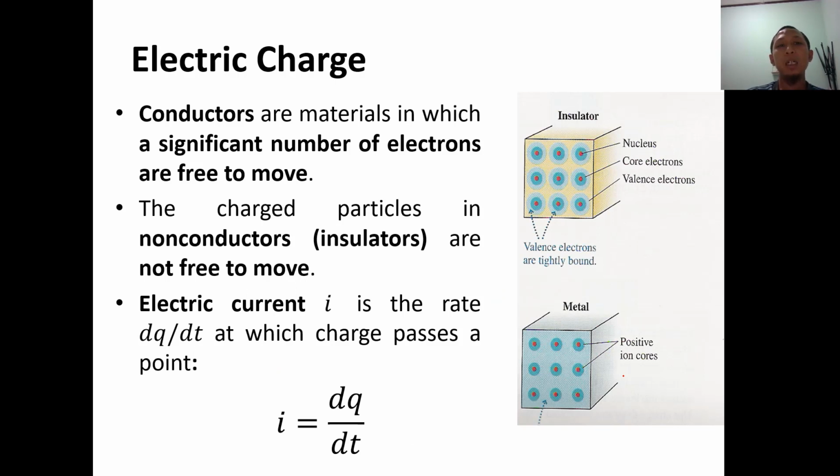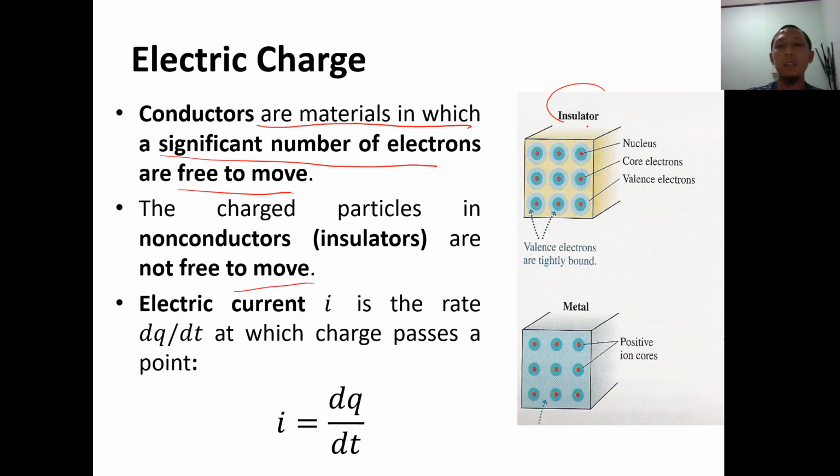And we have three kinds of material. The first one is conductor, the second is semiconductor, and then insulator. Conductors are materials in which a significant number of electrons are free to move. The charged particles in a non-conductor or insulator are not free to move.